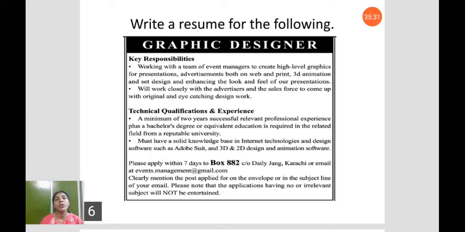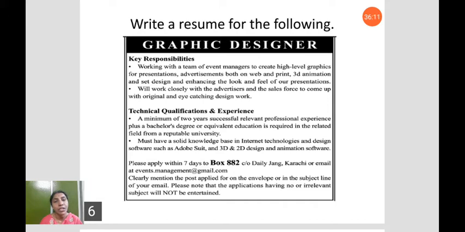And technical qualifications and experience. Here a minimum of 2 years successful relevant professional experience. Here the relevant professional experience related to graphic designing is required. A minimum 2 years is required. Okay, so that you have to write more than 2 or 3. You should possess this. Okay, and the other is bachelor's degree.